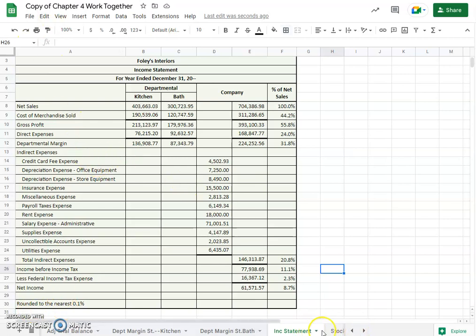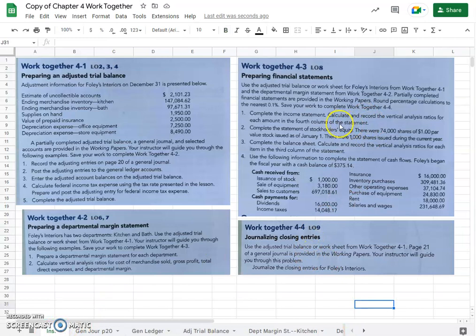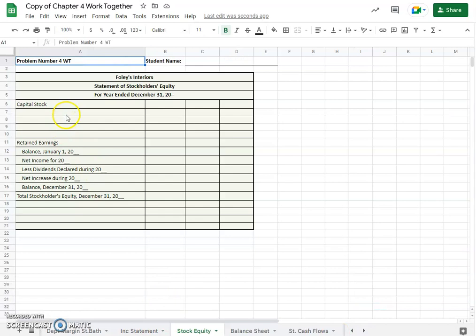The next one is our statement of stockholders' equity, which we got some numbers from our instructions, right? So $74,000 of share at $1 par value of stock issued as of January 1st. There were 1,000 shares issued during the current year. So we will go to our statement of stockholders' equity.